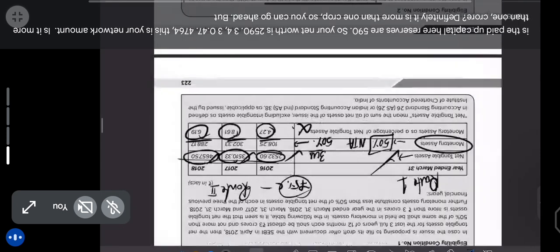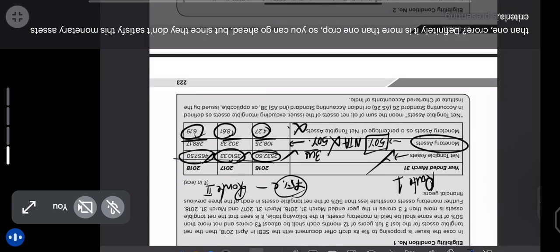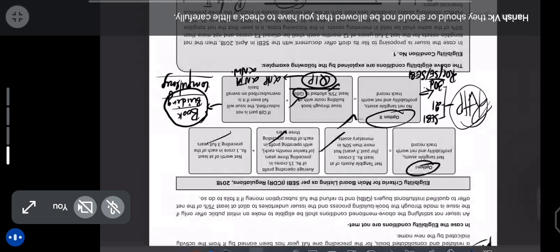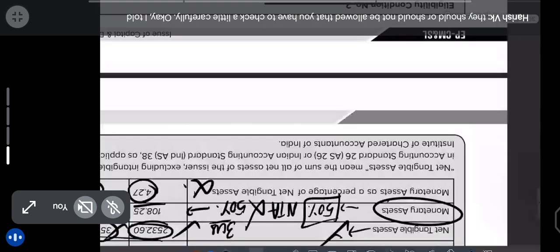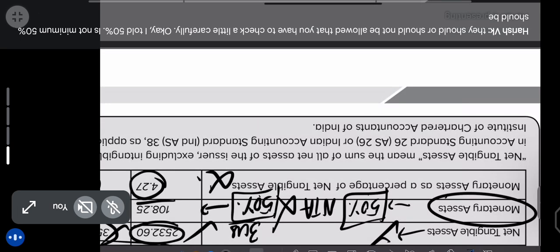But since they don't satisfy this monetary assets criteria, they should or should not be allowed. That you have to check a little carefully. Okay, I told 50% is not minimum, 50% should be maximum. Just make a note of it.